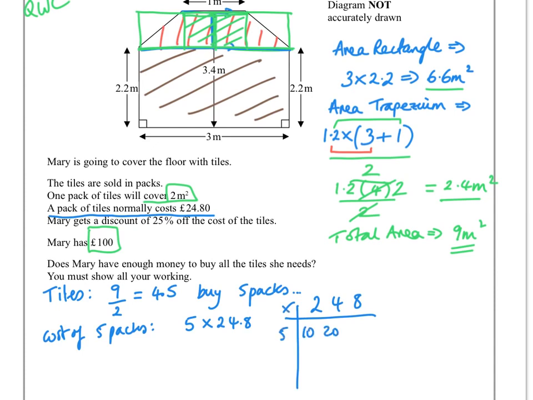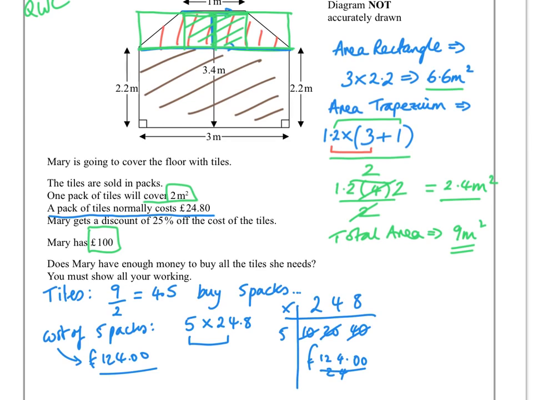And so we've got 40, 20 and 4, and then 12. And then I'm using my estimation, I'm saying 5 20s are 100, so the answer would be £124. So that will be the cost. And you can do your multiplication by hand however you want to do it.